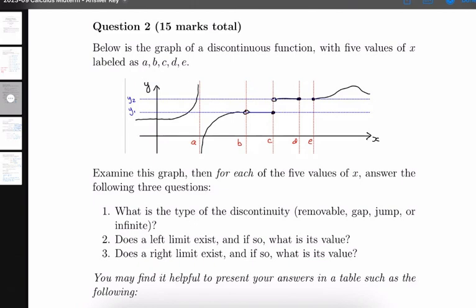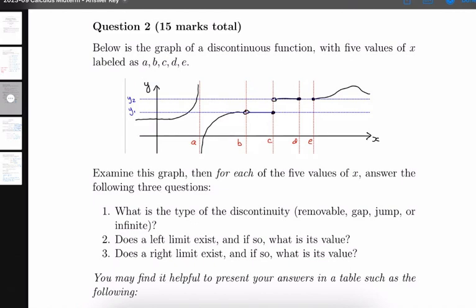And if so, what is its value? And does a right limit exist? And if so, what is its value? Okay. Are we clear on the questions? That's a yes. Are we ready to try to answer them before looking at the table of answers?